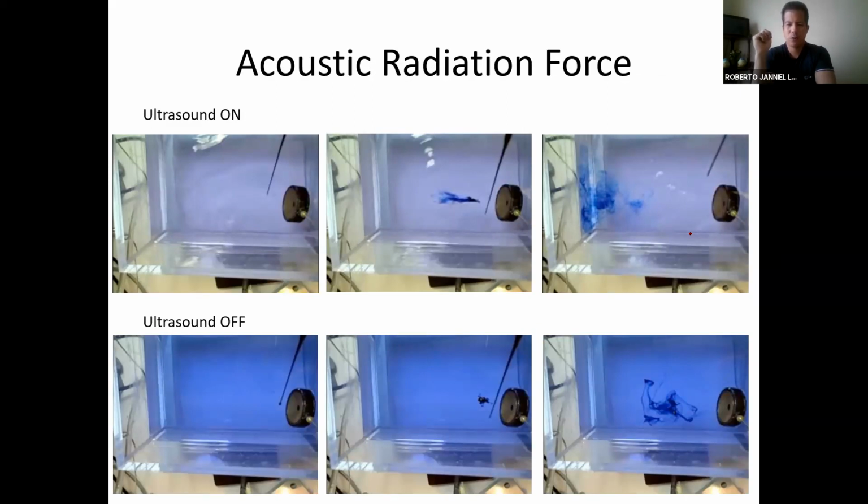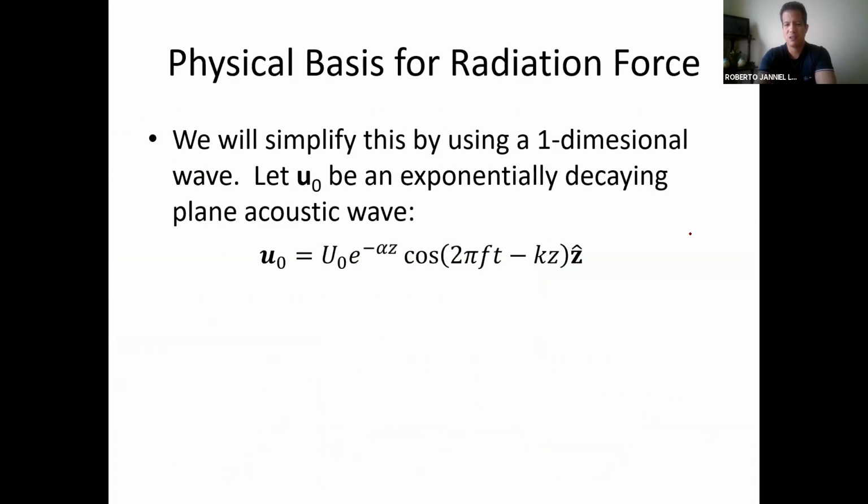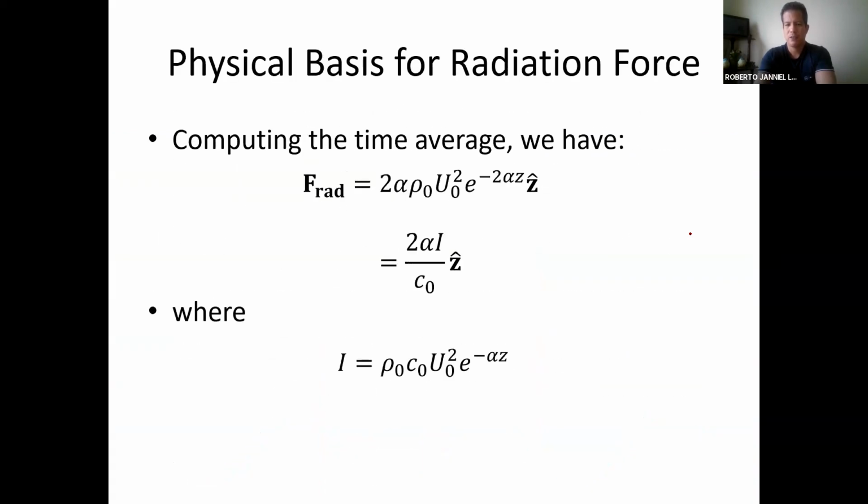It means that when you're propagating ultrasound, ultrasound will also apply a force as it's propagating, right? And the force, skipping things like crazy, is going to be proportional to alpha, which is the attenuation coefficient, Z naught, which is the sound speed, and then the intensity of the ultrasound. So you can actually control it, right?